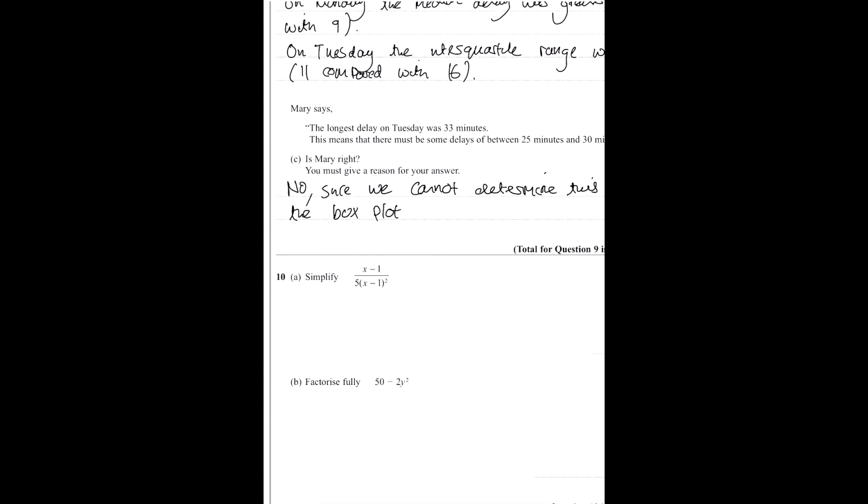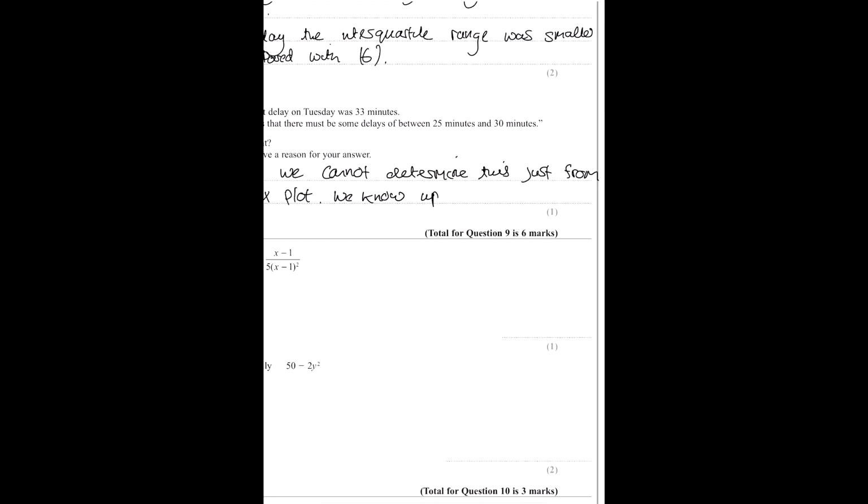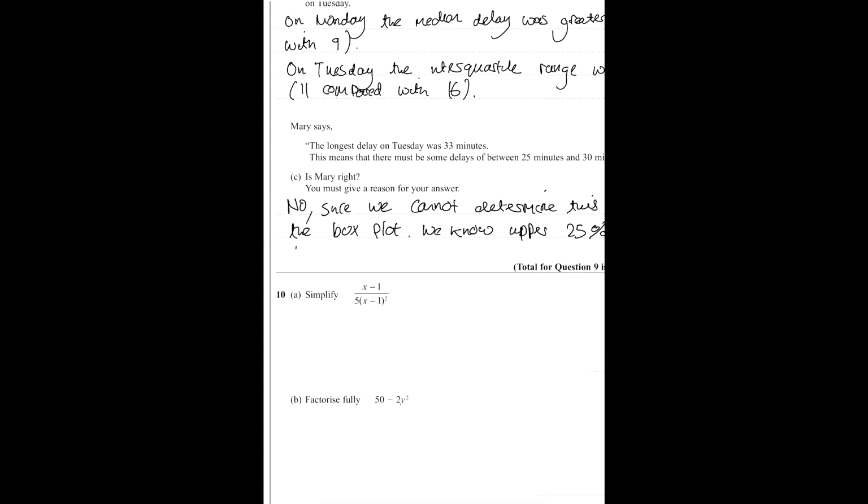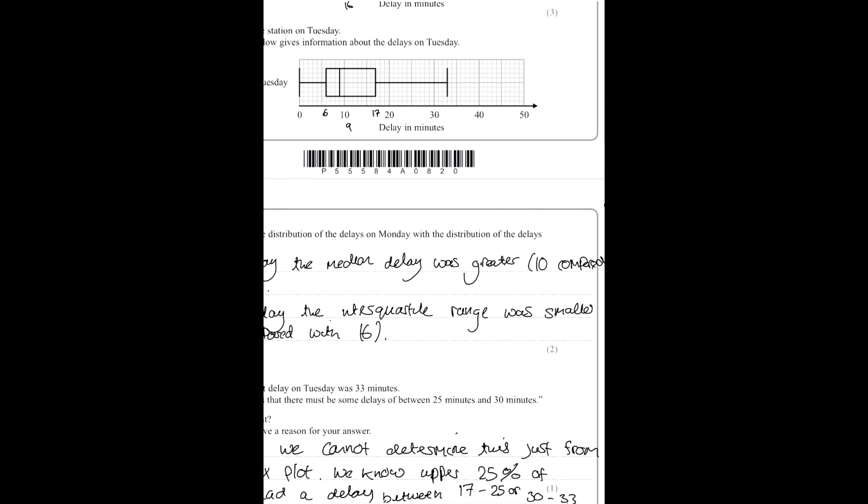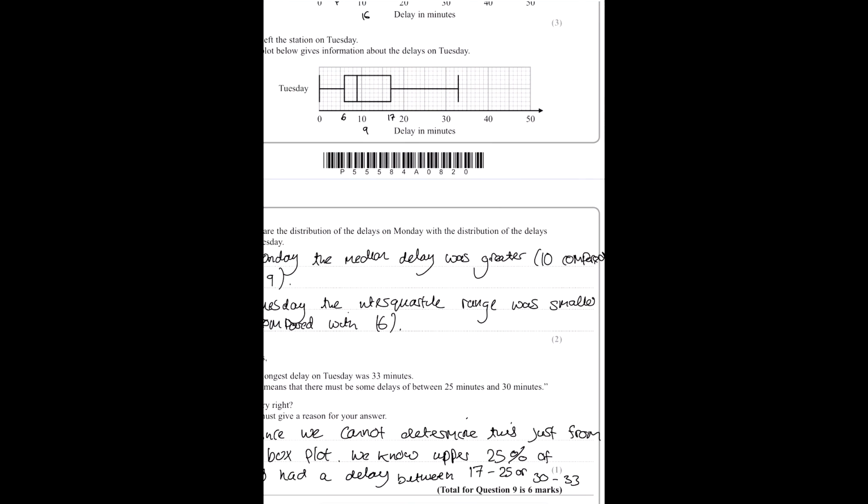We know the upper 25% of trains had a delay between 17 to 25 or 30 to 33. So we don't exactly know whereabouts it could lie within that range.